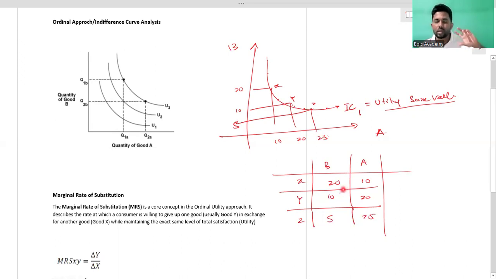We call it the consumption commodity bundle. The commodity bundle changes from one point to another, yes, but the utility and satisfaction are the same.